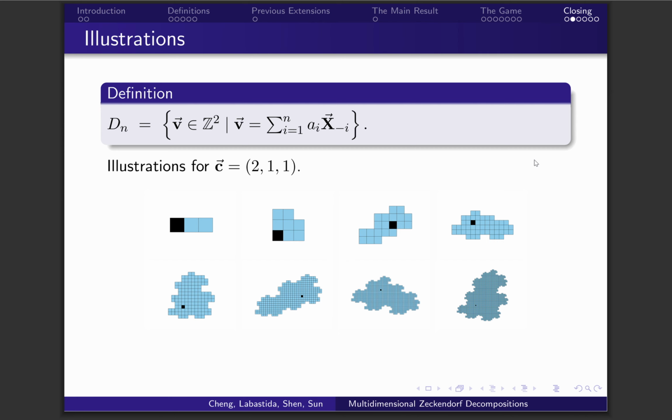We can see the regions expanding outward in a beautiful spiral pattern, and the black point is the vector 0, 0. Here is another observation: D_n is contained in D_{n+1}. For example, D_5 is contained in D_6, which is contained in D_7, and so on.